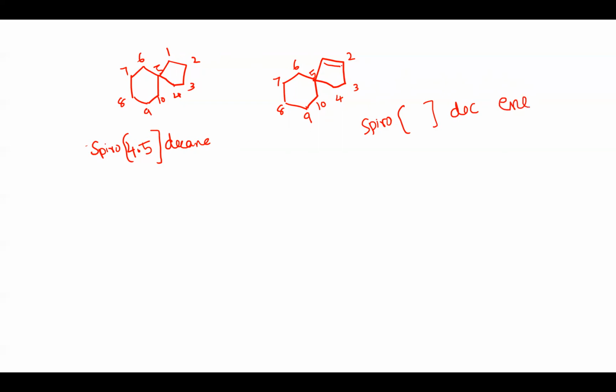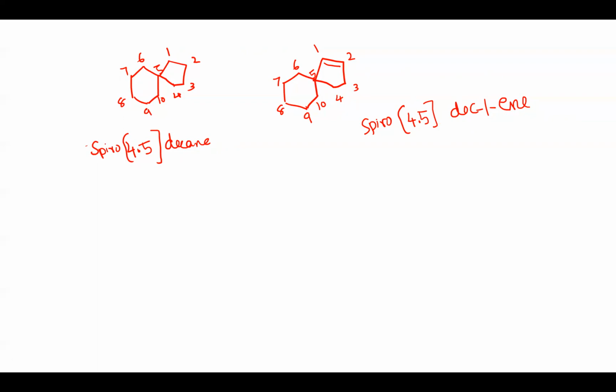Now we have to put the double bond position. The first atom, second atom: the double bond is between the first and second atom. So the number is dec-1-ene. And you can see that here 1, 2, 3, 4 atoms are there other than the ring junction, and here 1, 2, 3, 4, 5 are there. Spiro 4.5 dec-1-ene is the IUPAC name of the compound.